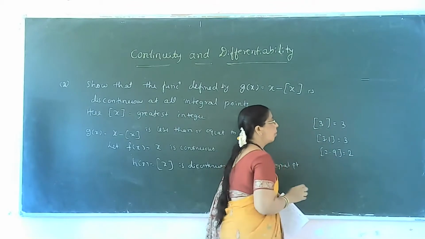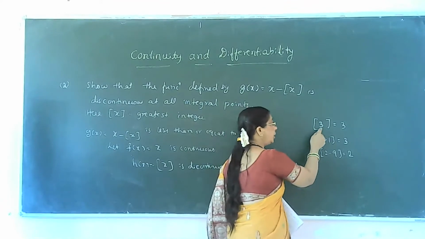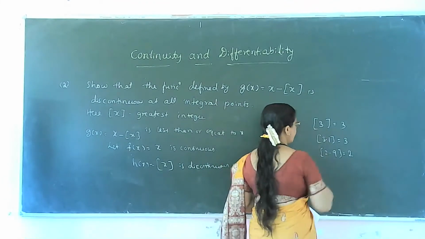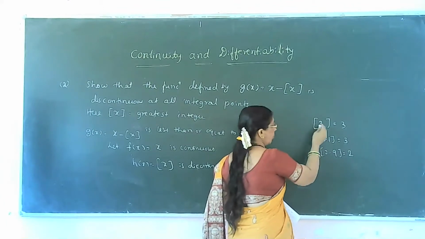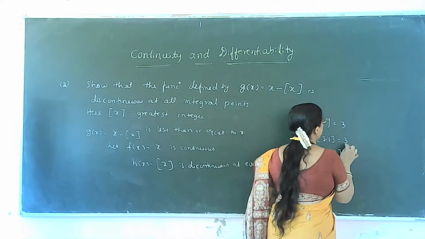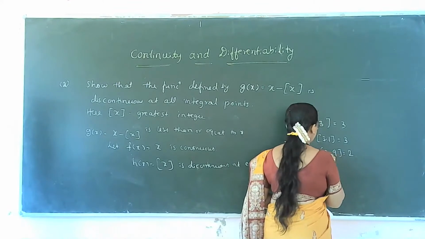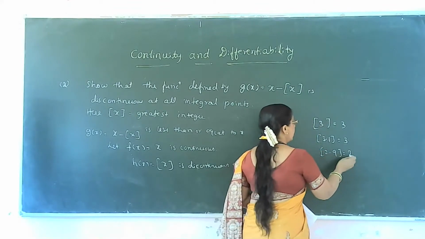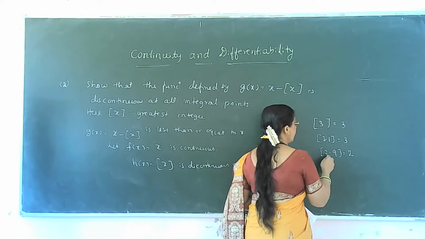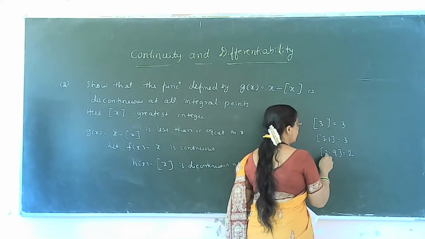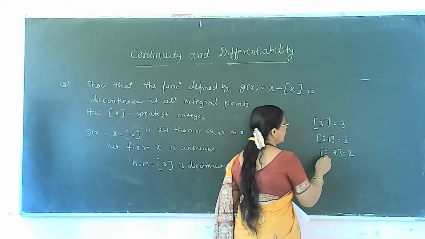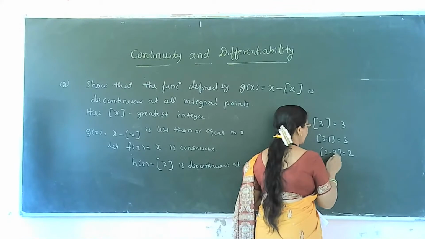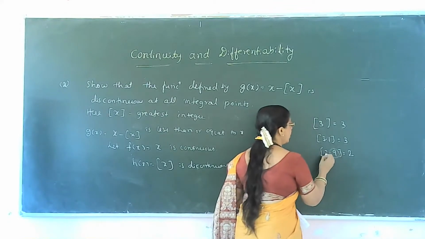Greatest integer means the integer that lies in the number. The greatest integer value of 2.9 is 2 only, because 2.9 is a fraction, but the integer is 2.